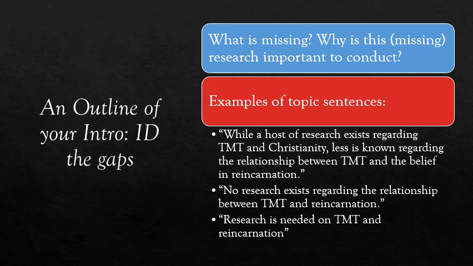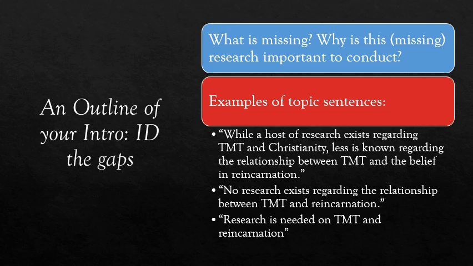So, for your third paragraph, what you can do is say something like, while a host of research exists regarding your theory of interest, here it's TMT, and Christianity, less is known regarding the relationship between TMT and the belief of reincarnation, thus setting you up for the missing link that you're about to contribute towards the literature.